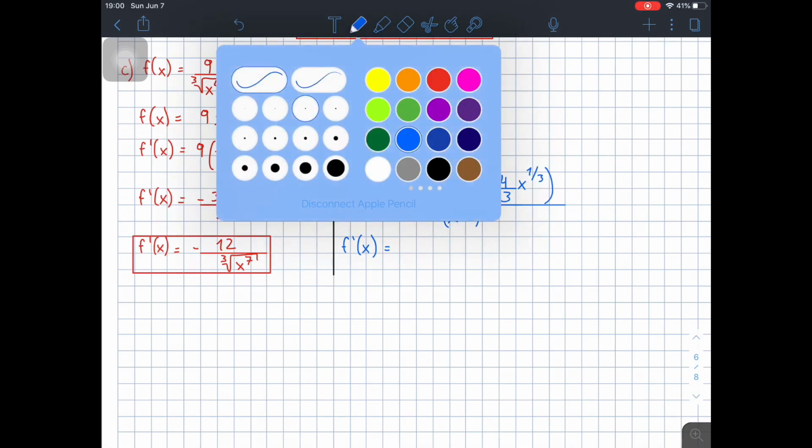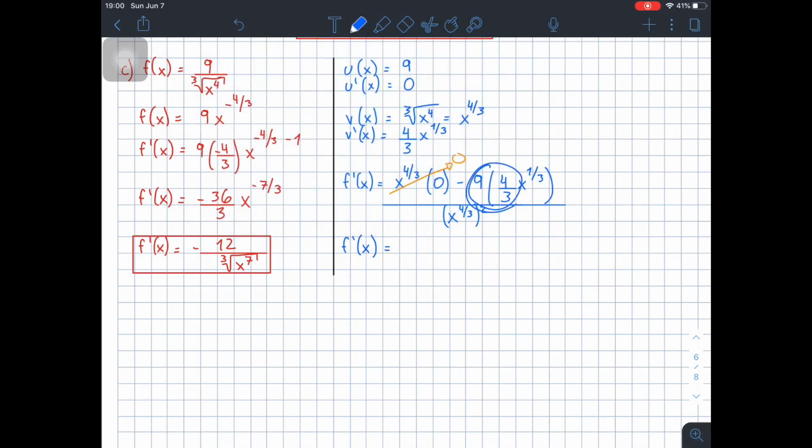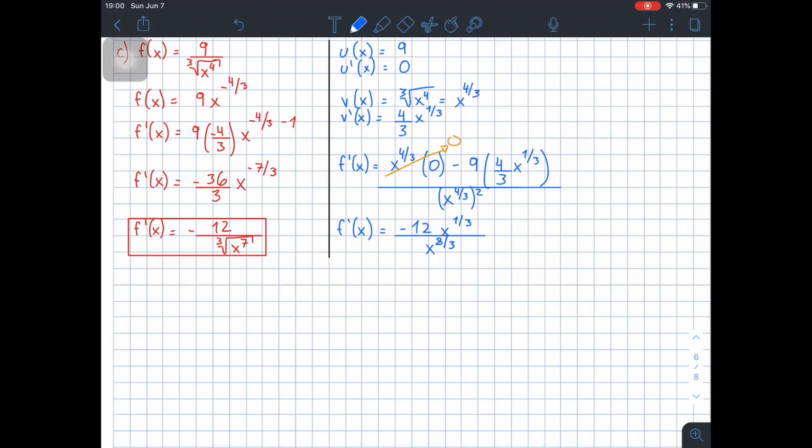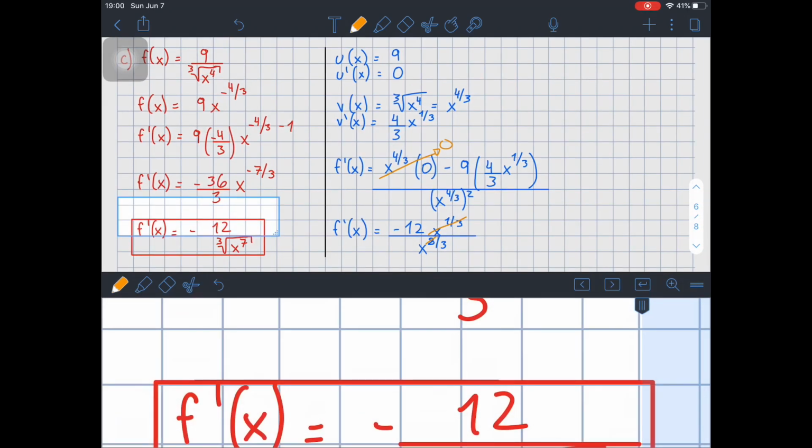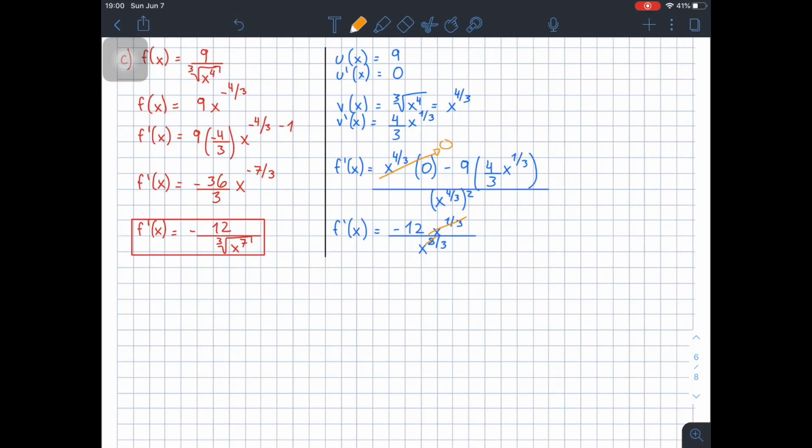Okay, so now we can go back here and we're going to have the same situation, right? 9 times 4, that's 36, divided by 3, that's negative 12. Negative 12, x to the power of 1/3 divided by x to the power of 8/3, right? So you see, we can simplify this term, and instead of 8/3, we need to decrease it by 1 because we had a 1 here, so this becomes 7 right here, right?